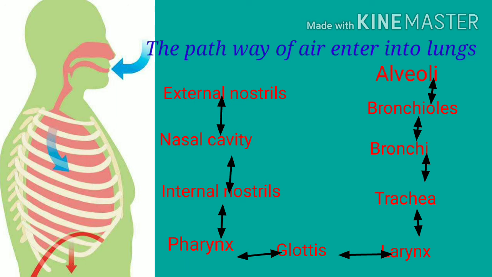During expiration, the air goes back from the lungs to the outside. That is alveoli, bronchioles, bronchi, trachea, larynx, glottis, pharynx, internal nostrils, nasal cavity, external nostrils into the atmospheric air.